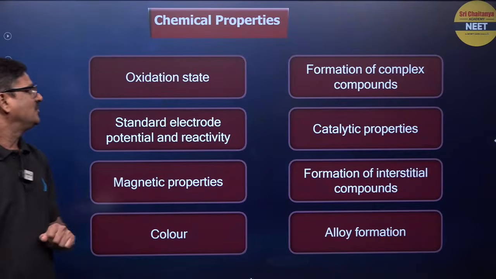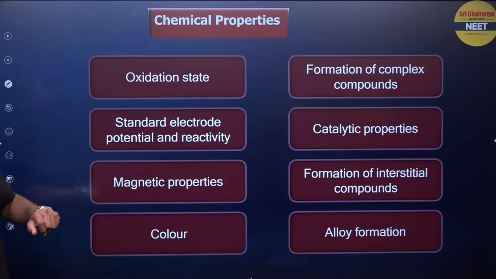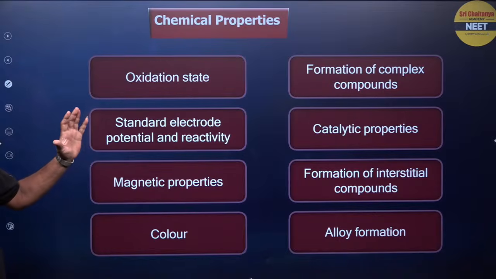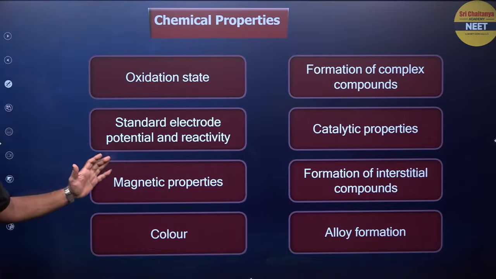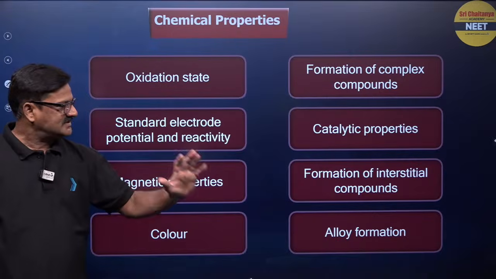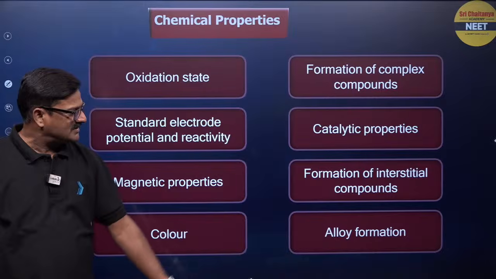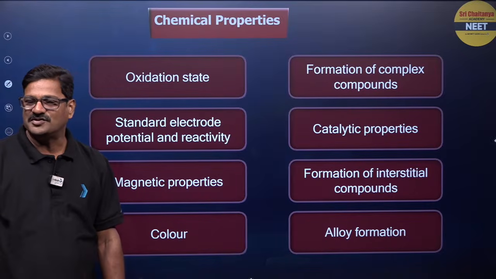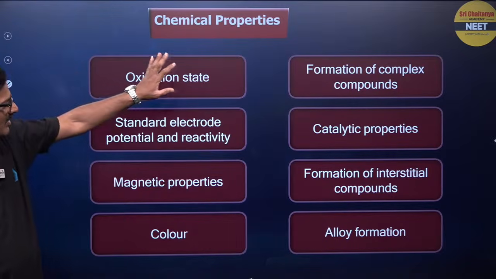Now you can see the chemical properties: oxidation state, standard electrode potentials, reactivity, magnetic properties, colors, catalytic properties, formation of interstitial compounds and alloy formation. We will see all these properties.